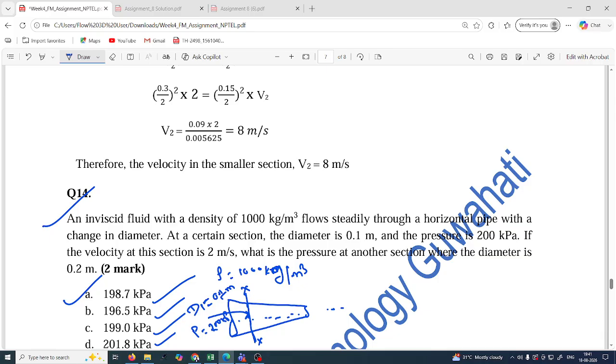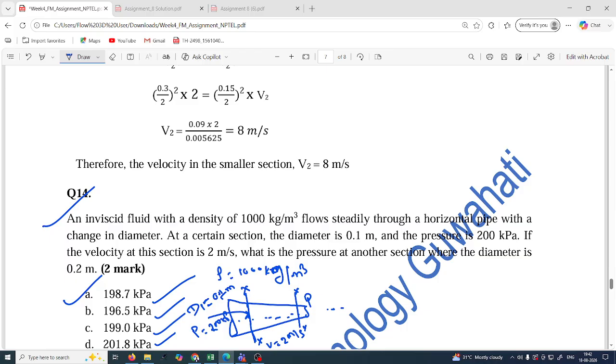If the velocity at this section is 2 meter per second, velocity is also given, what is the pressure at another section? So here it is section 2.